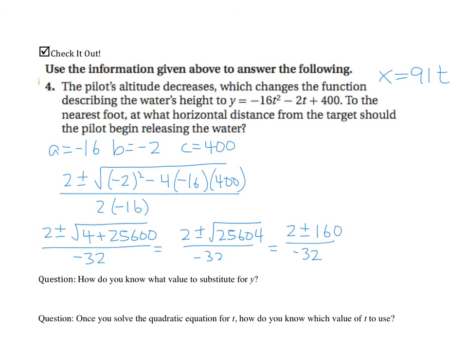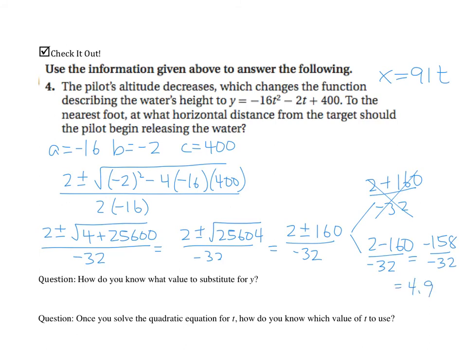So the 2 plus 160 cannot work because that gives us a negative number. So this is 2 minus 160, and that answer is approximately 4.9. So x equals 91 times 4.9, which is 449.